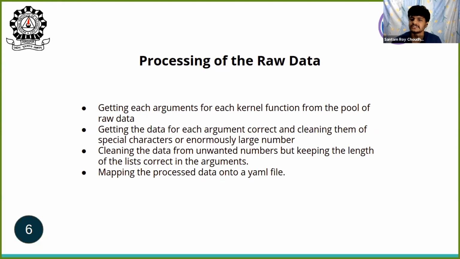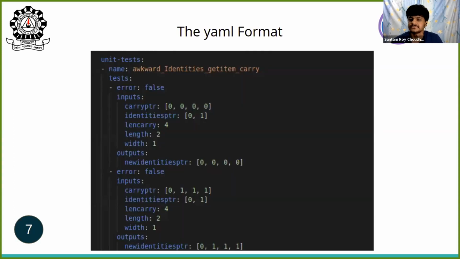We wrote a script for fetching the correct arguments and then cleaning them of special characters, enormously large numbers, and even unwanted numbers where the numbers do not satisfy the length of the lists. After we got a set of clean data, the next step was to map all of that data onto a YAML file. In that way, we got a complete list of data.